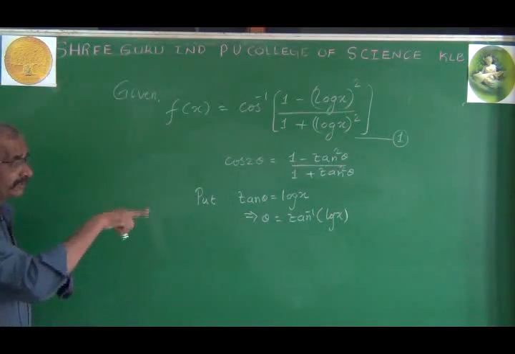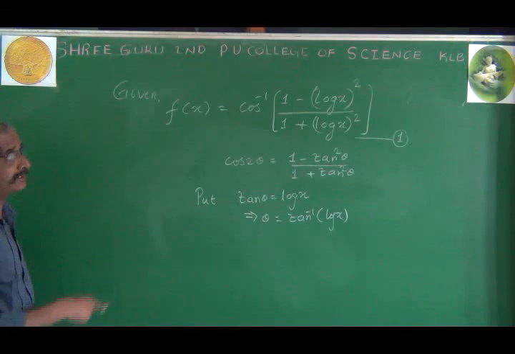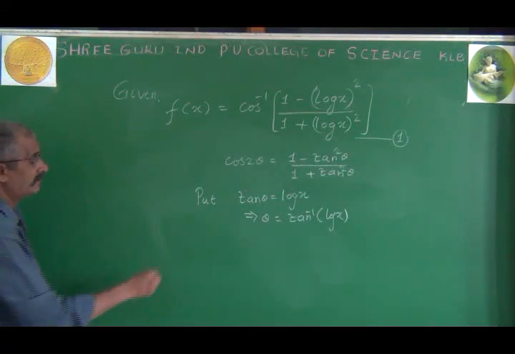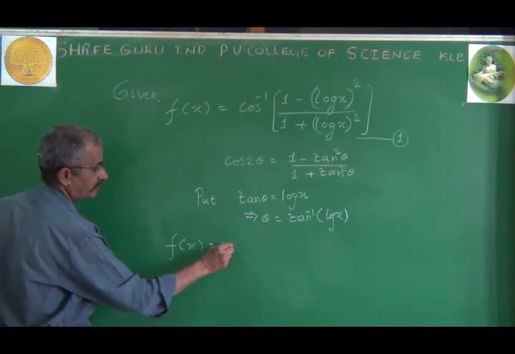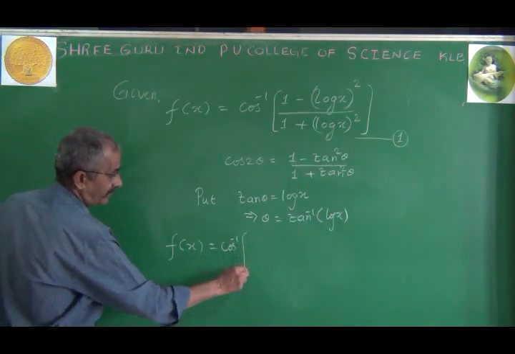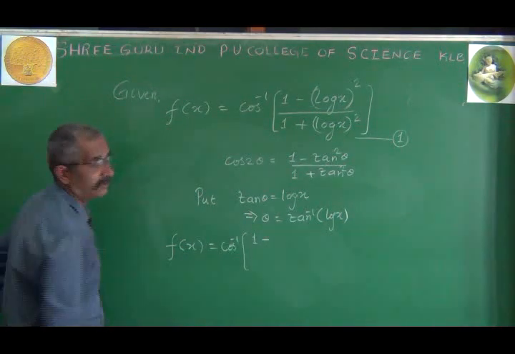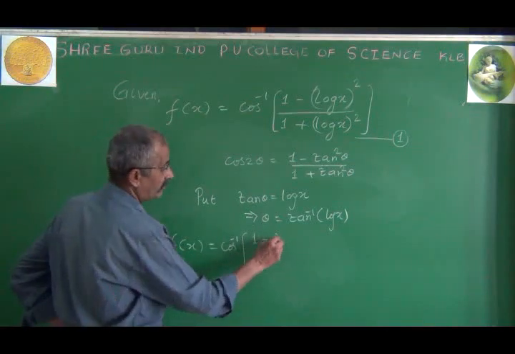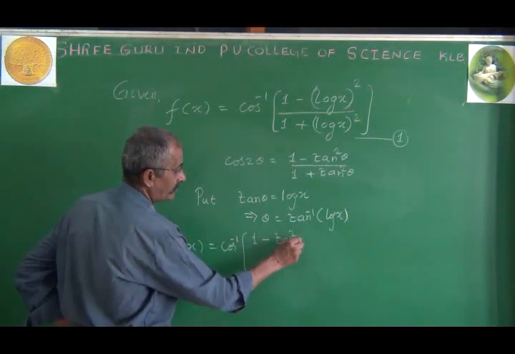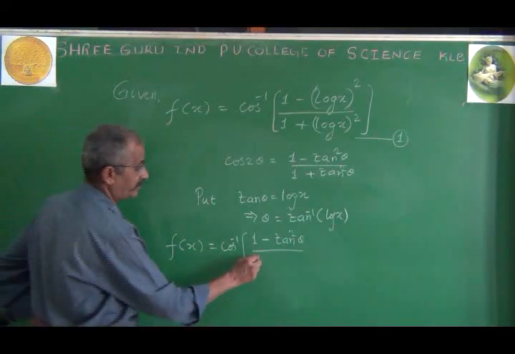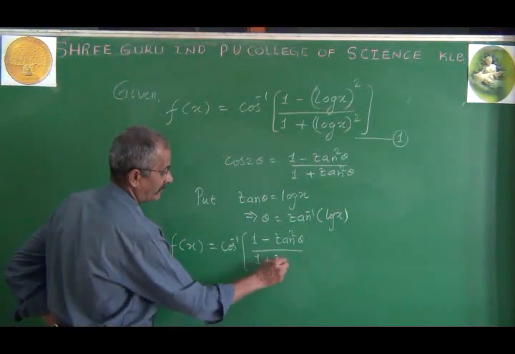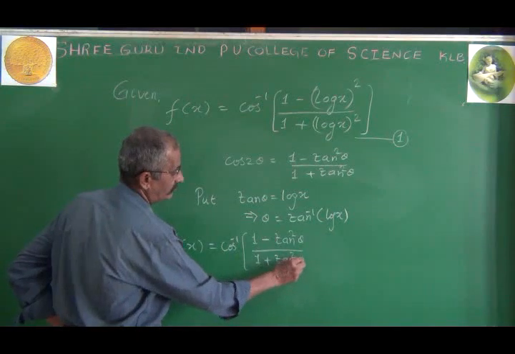Let us use this expression of tan theta in equation 1. Now f of x becomes cos inverse of 1 minus tan square theta divided by 1 plus tan square theta.